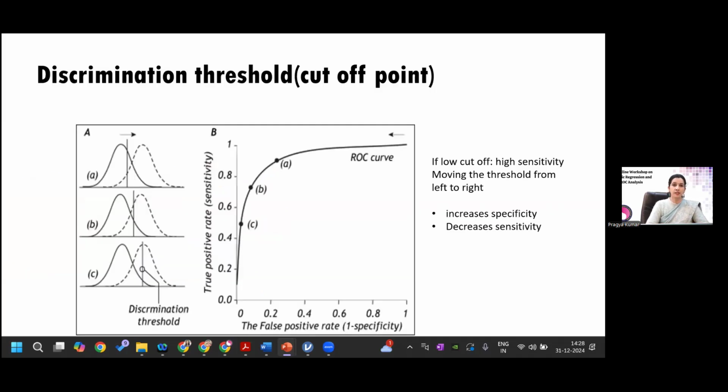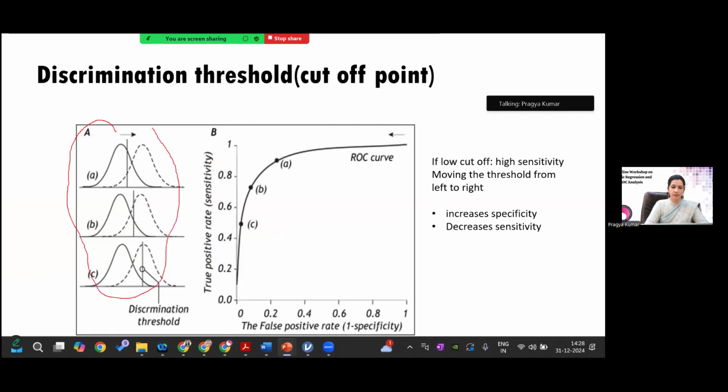So how is this discrimination threshold decided? In this graph, you can see there are two, here towards the left side, this is figure A and this is figure B. If you see, in this graph, moving from left to right, we are increasing the cutoff.